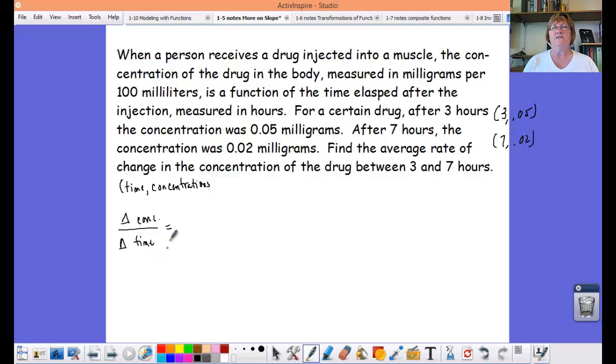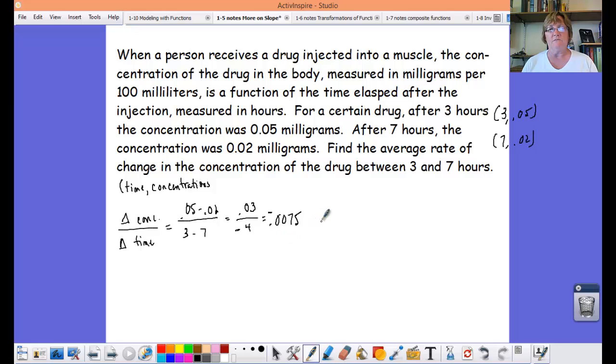And as we do this slope calculation, the difference in the two y values, 0.05 minus 0.02, divided by the difference in time, 3 minus 7. On top, that's 0.03 change over a 4-hour period, and that is equal to 0.0075. So the average rate of change, oh, and it's negative because that was -4. Yeah, that makes sense.